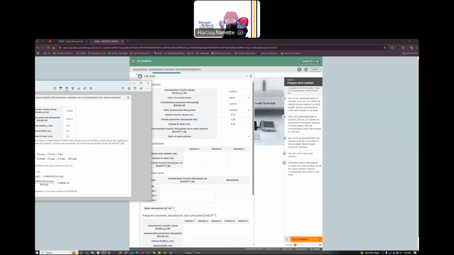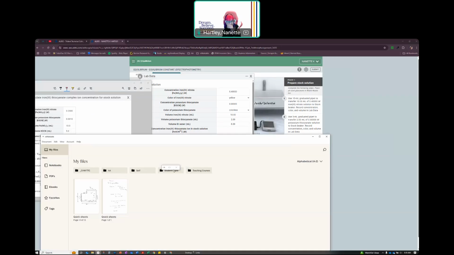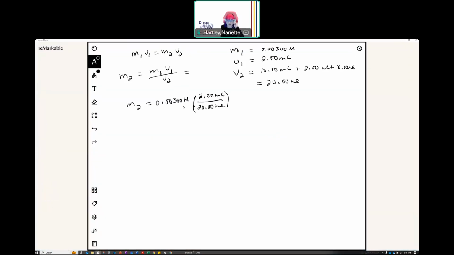So now I can take my M2 is equal to the M1, 0.00300, my V1 is 2.00, and my V2 is the 20.00. That's the calculation that I need to set up.